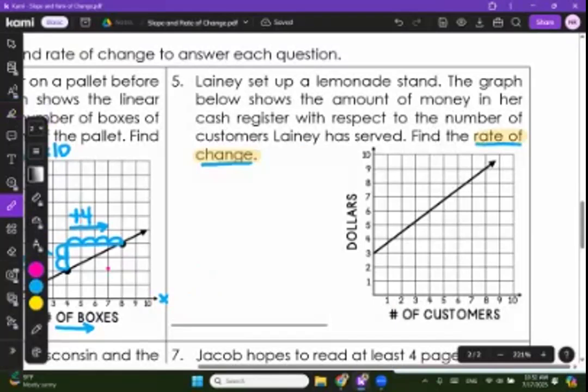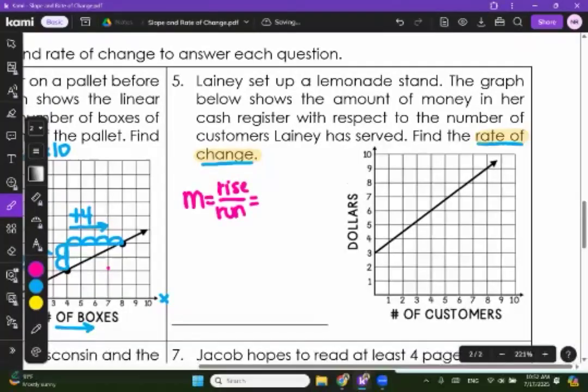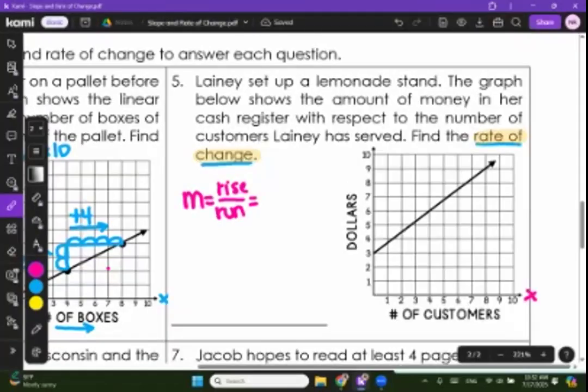To find the rate of change, we use rise over run because we have a graph. Once we do not have a graph available, we'll be using a different method. Our x-axis is going by ones, our y-axis also going by one, so I don't have to be careful there, but we do need to find 2 good points.